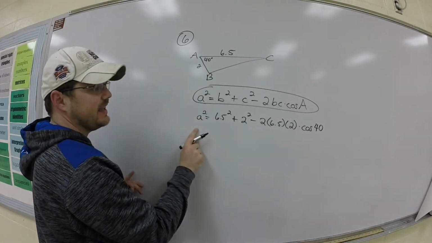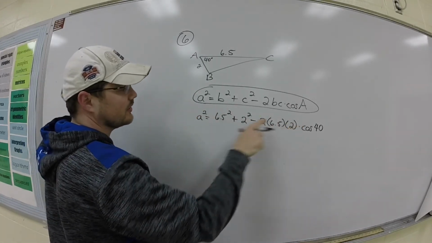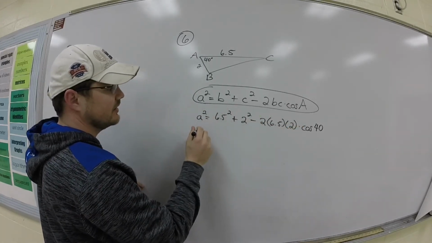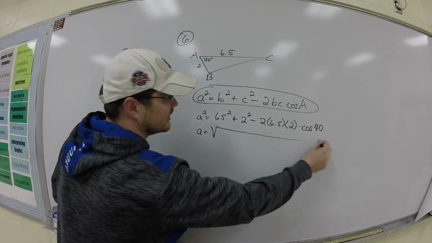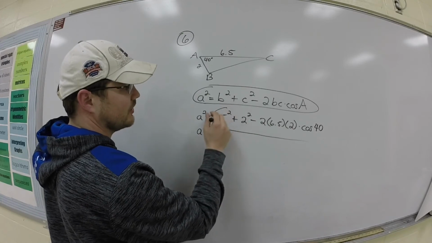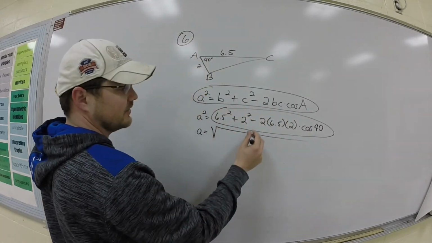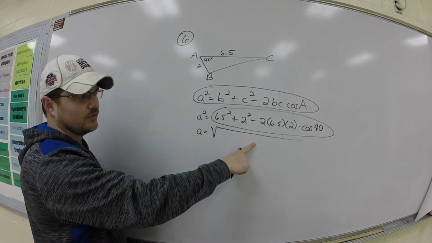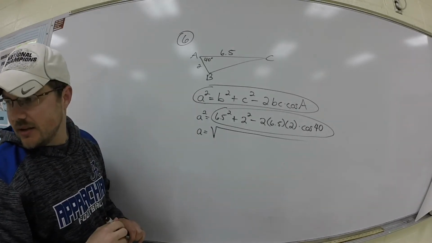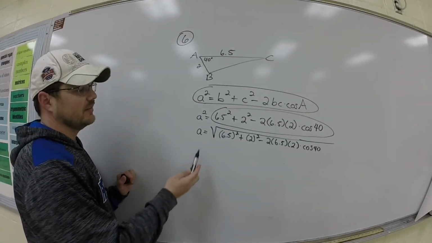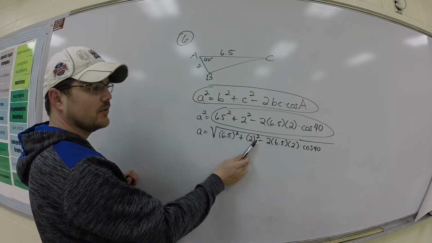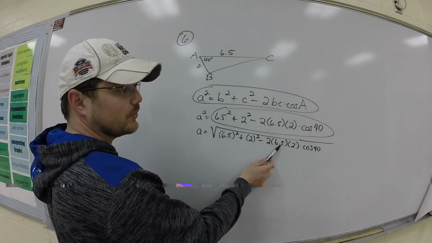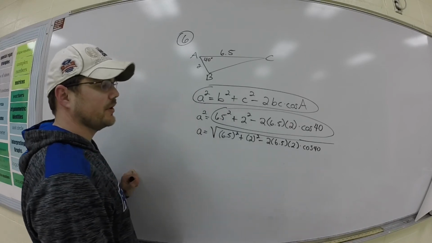So to get A, all I'm going to do is square root all this. So square root both sides, take the square root of a squared, you get A, and I'm going to take the square root of all that. So all that inside the square root will give me an answer choice. And so our answer on number 6, A is the square root of 6.5 squared plus 2 squared minus 2 times 6.5 times 2 times cosine 40.